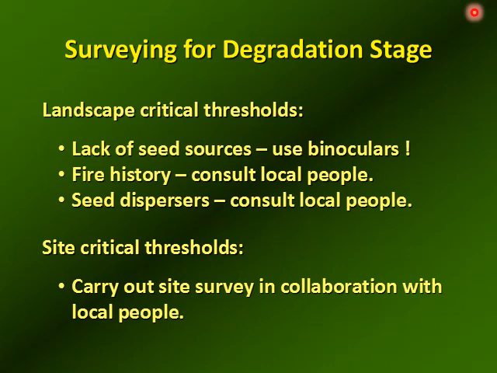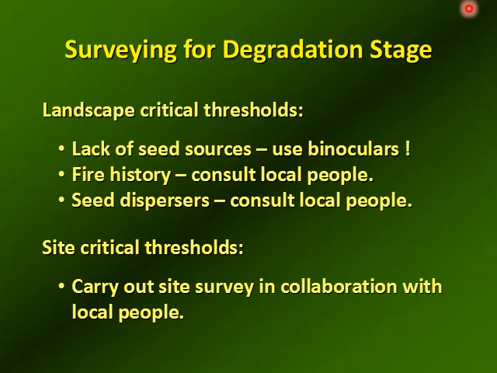You can quite easily see if there's any fragments of mature forest that could act as seed sources in the landscape, and whether you think they're close enough to the restoration site to be able to deliver some seeds of some of the other native tree species into your restoration site. Fire history, again, the local people will know if it burns regularly in the area or if fires are a rarity.